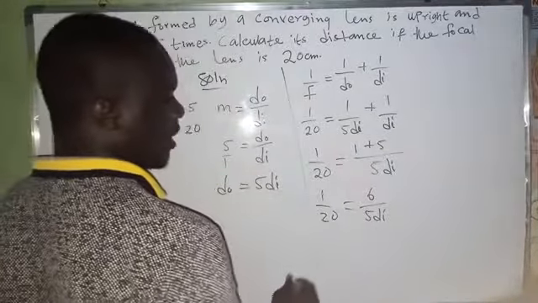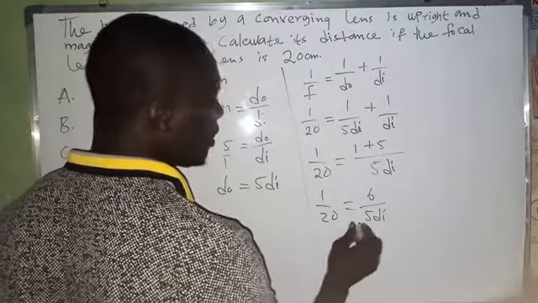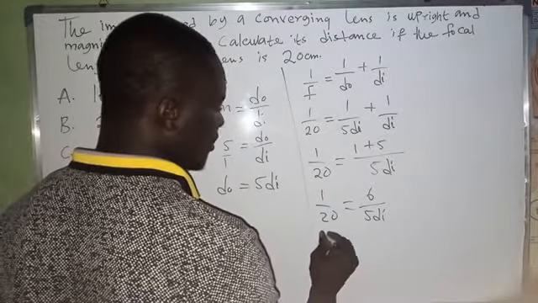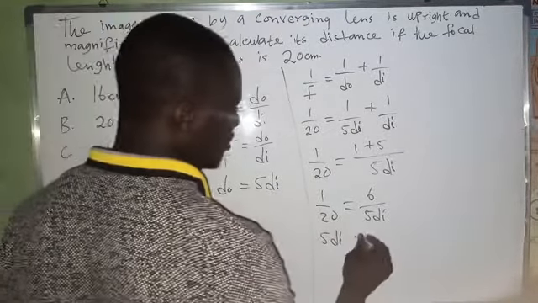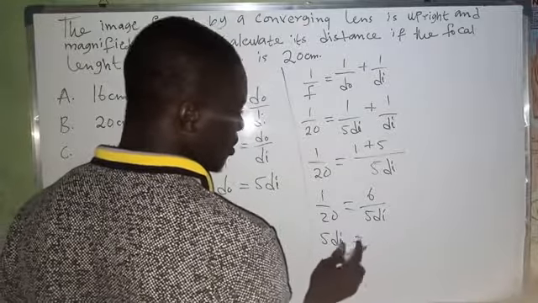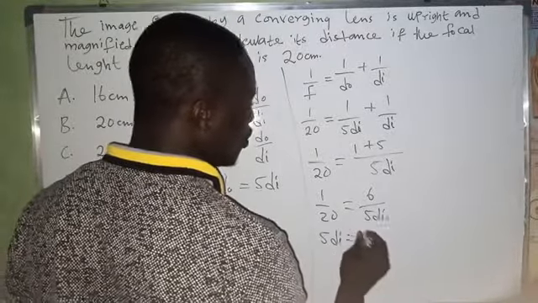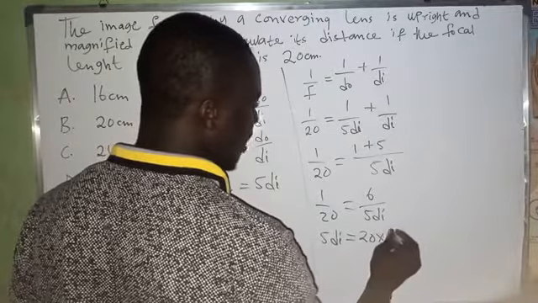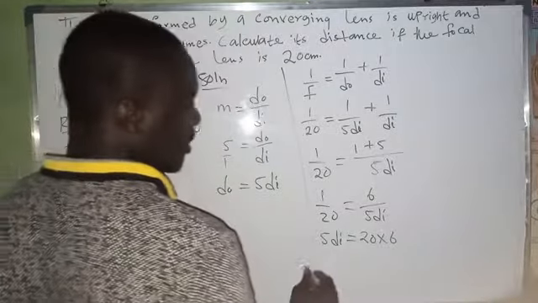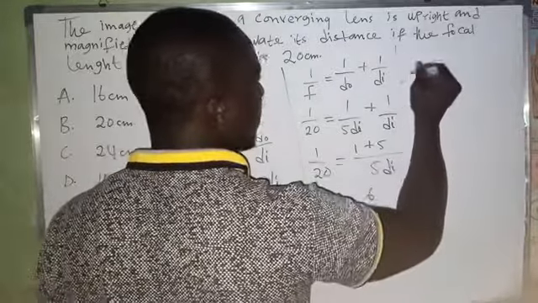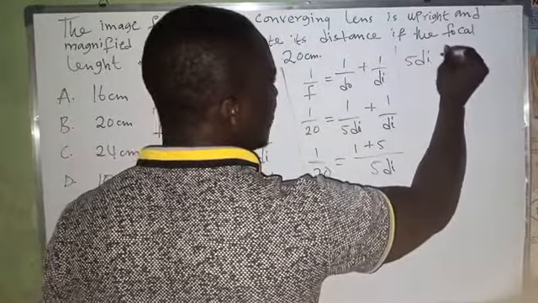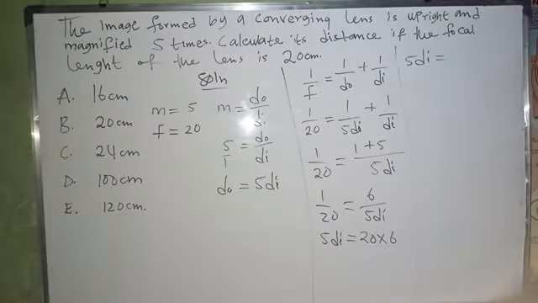So if we cross multiply, 5 di multiplied by 1 is the same thing as 5 di, where di is image distance, and this is going to be equal to 20 multiplied by 6.